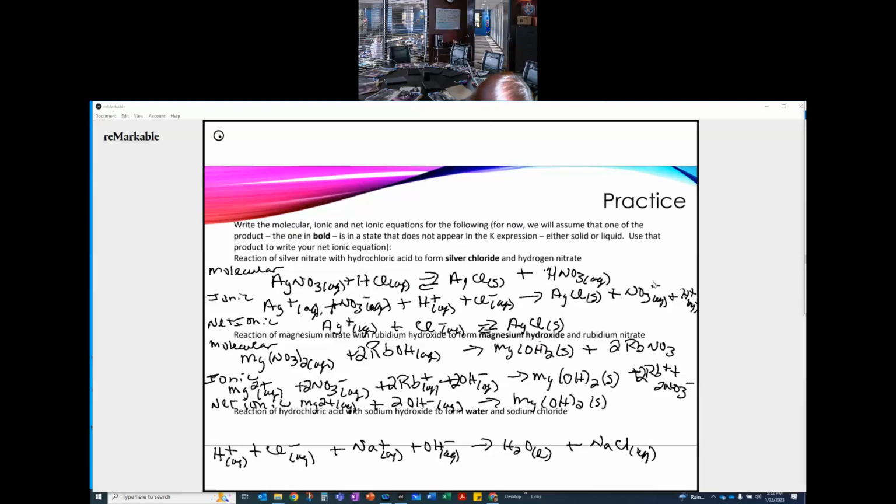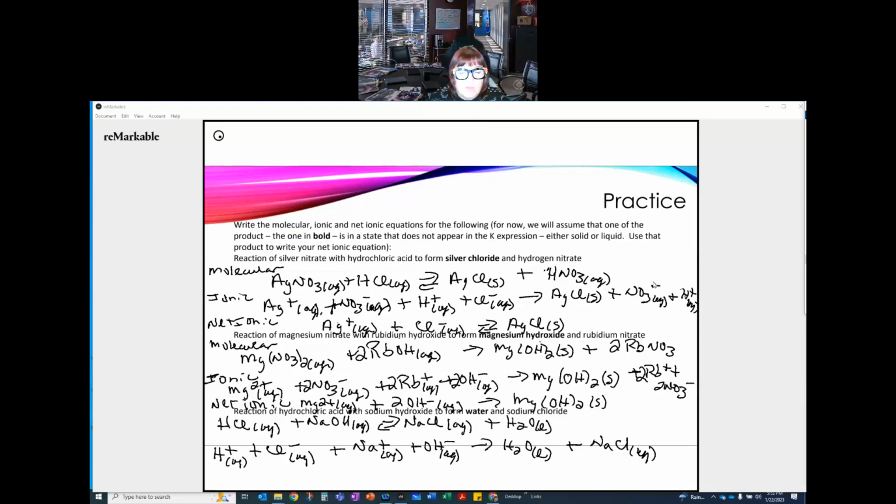Okay. That molecular equation is then going to be an HCl aqueous plus an NaOH aqueous, going to give me an NaCl aqueous plus an H2O liquid. So the H2O liquid is a liquid. We leave that together.